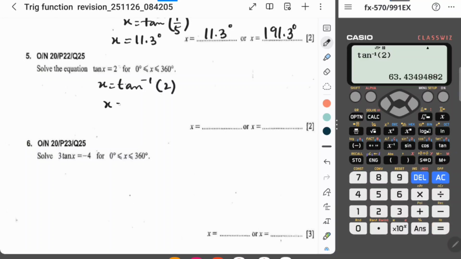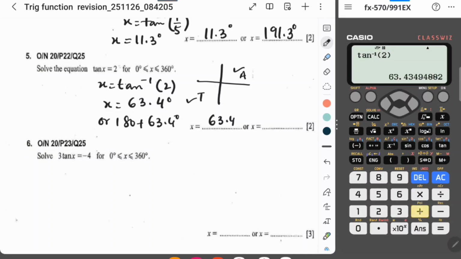It means 63.4 degrees. So you know that your number is positive. It's here and it's here. So this is 63.4 degrees, or 180 plus 63.4 degrees, that is equal to 243.4 degrees.